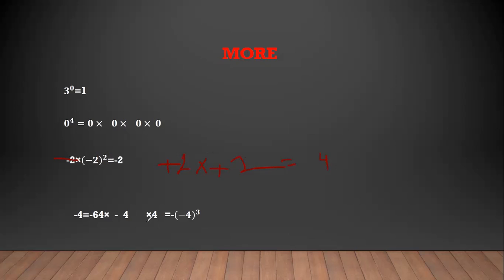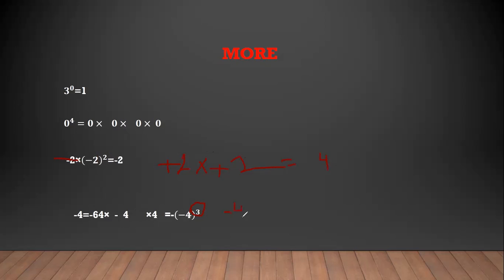Okay. When we get an odd power or odd exponent: negative 4 power of 3 means negative 4 is repeated how many times? 3 times.